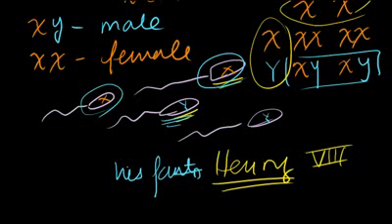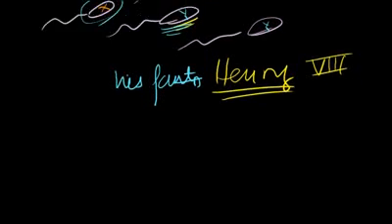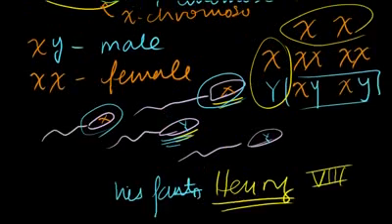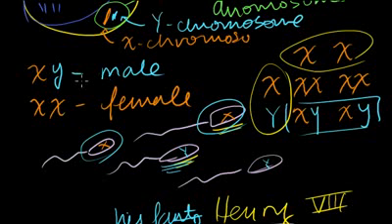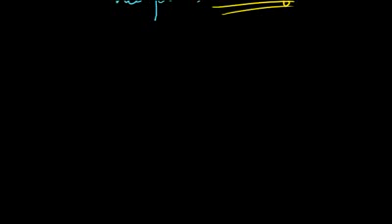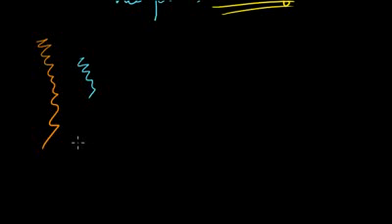Now, one question that might immediately pop up in your head is, Sal, is everything on these chromosomes related to just sex-determining traits, or is there other stuff on them? So let me draw some chromosomes. Let's say that's an X chromosome, and this is a Y chromosome. The X chromosome codes for a lot more things, although it is famously gene poor.